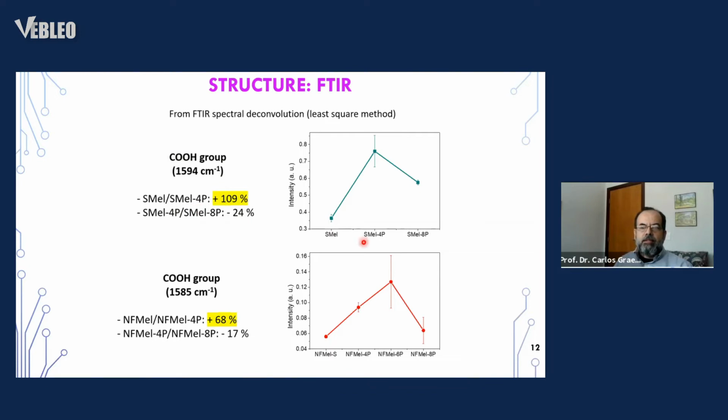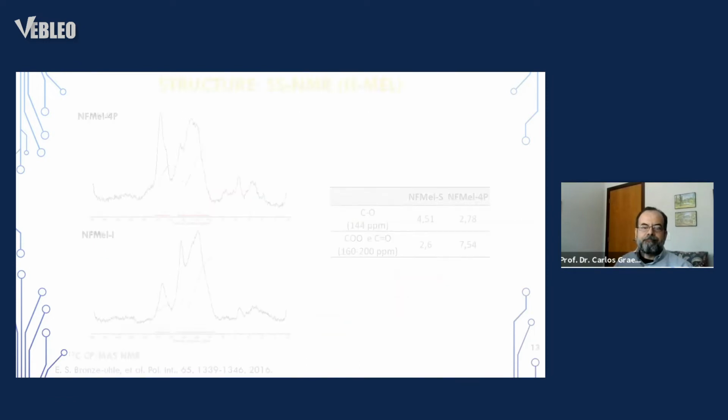And we can modulate this by using different pressures that can be seen here. And also we can modulate this CO2 in the melanin made in water, which is even more interesting because as we increase the amount of CO2, we are becoming closer to the natural melanin.